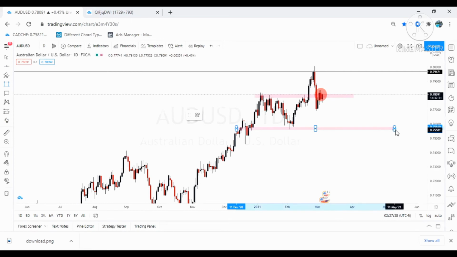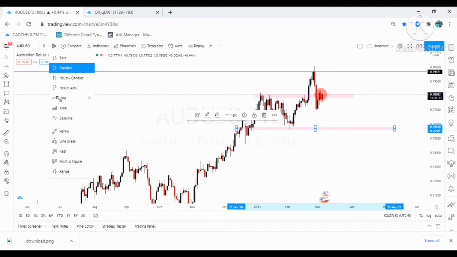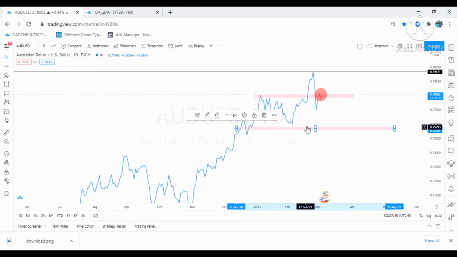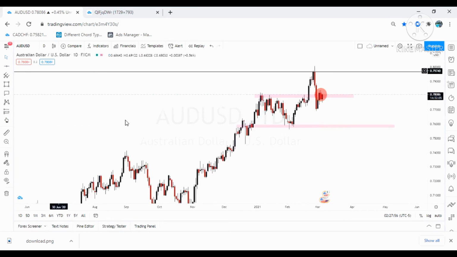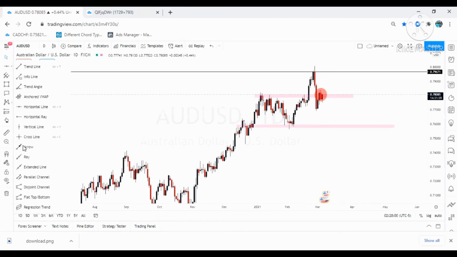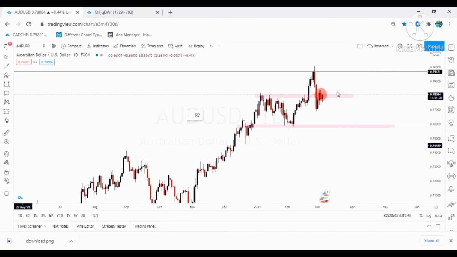Sorry. So remember to use your line chart in drawing these levels. So yeah, from what we see, either the market will go back here because obviously it's support, right?